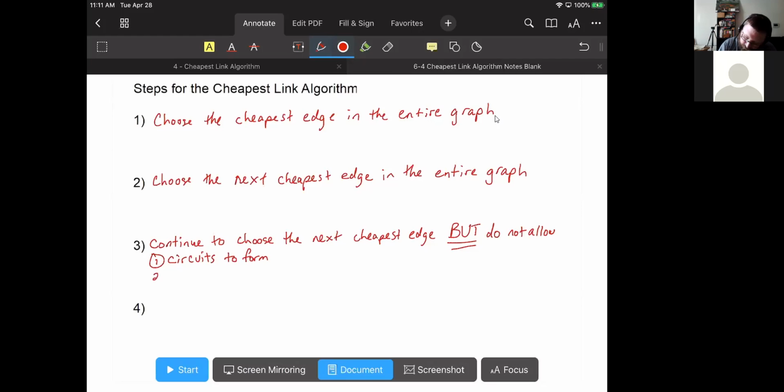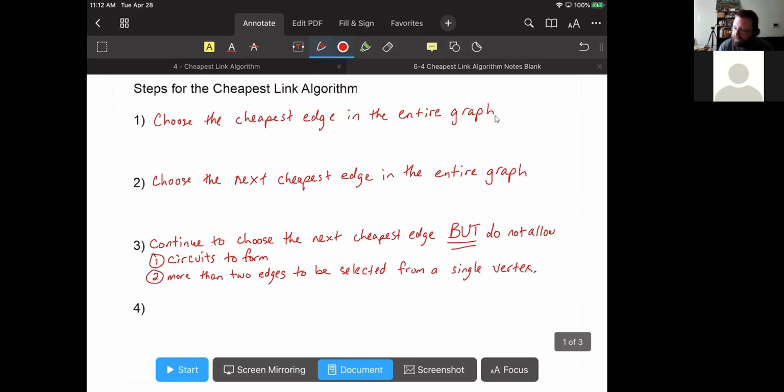And the other thing we cannot do is we cannot allow more than two edges to be selected from a single vertex. Because once we've selected two edges from a single vertex, we have visited that vertex and left that vertex. We don't need any more edges from that point, okay? So those are the two things that are going to continue to happen.